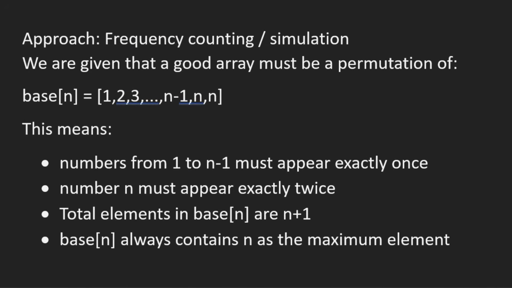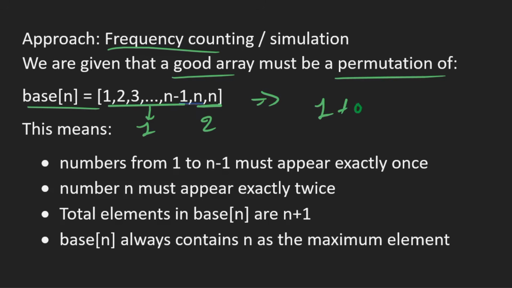So we'll be using frequency counting to solve this question, and our array will be good if it is a permutation of base of n, and base of n contains all the elements from 1 to n minus 1 with frequency 1, and n appearing with frequency 2.